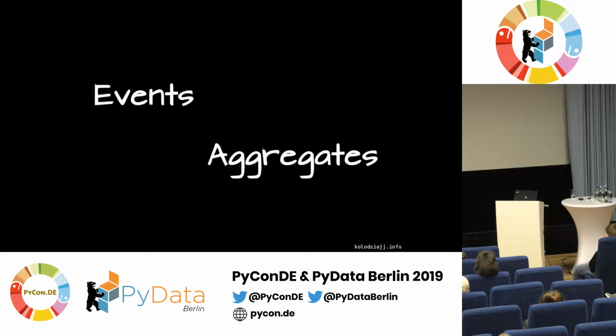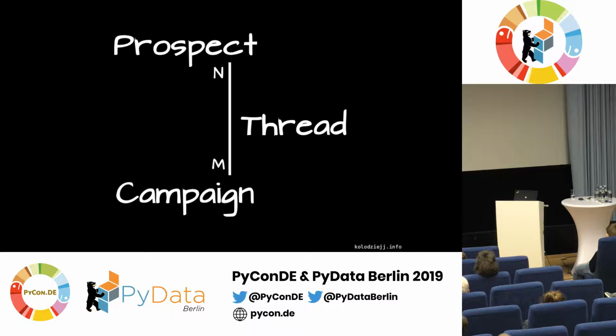Again, this may look trivial, like my prospect is an aggregate, of course. And yet it's really not, because we have prospects that have a many-to-many relation with something we call a campaign, and we do this via the middle thing called a thread. So really, the prospect is the aggregate, maybe the thread, maybe they are both.